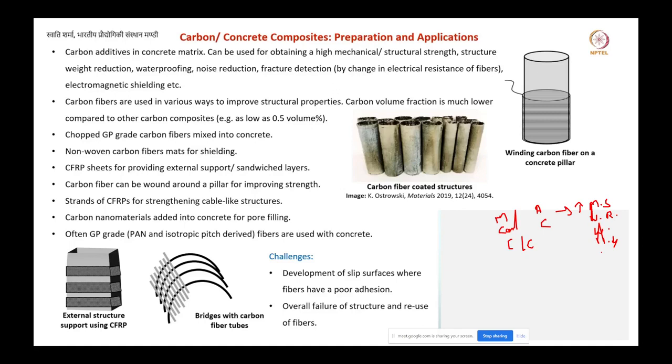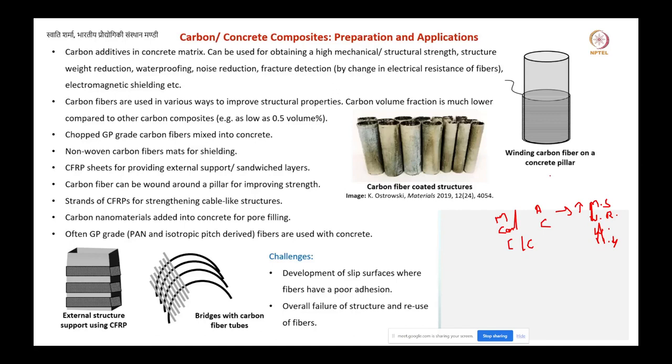The carbon fibers here are used in various ways to improve structural properties. Wherever you want to improve the structural properties of the concrete matrix, you can use carbon fiber. The carbon volume fraction is much lower compared to the other carbon composites.